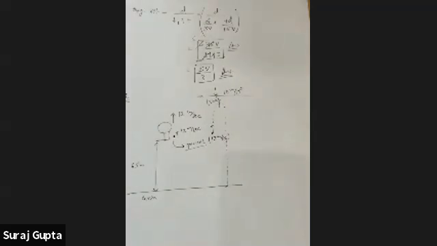So the question: a balloon is flying upwards with 12 meter per second. It releases one packet at that instant when the height of the balloon from the ground is 65 meter. After how much time does the packet reach the ground?